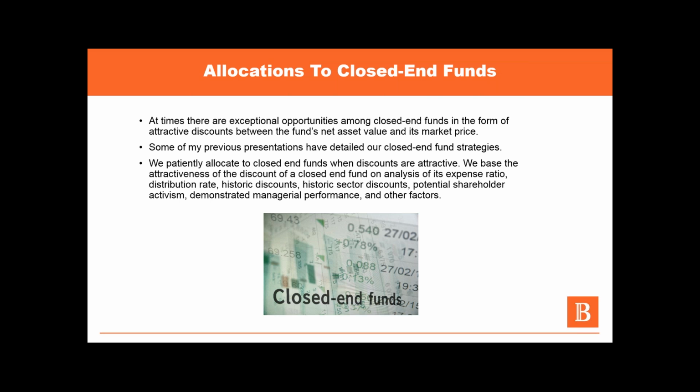So when we look at a category like large cap growth, we're going to try to look for that vehicle that's going to give us the greatest return for our clients. In some cases it might be an exchange traded fund. Occasionally it might be a regular mutual fund or an open-end fund. And other times it might be a closed-end fund.